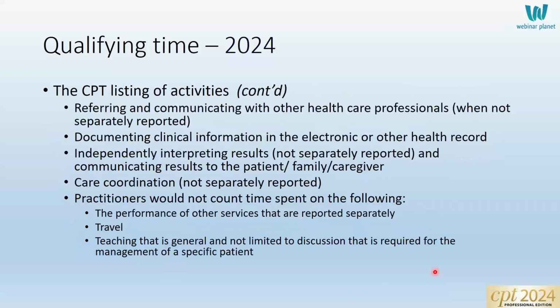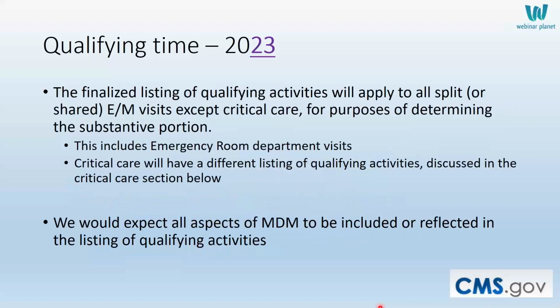All of those are part of the time that a provider can, when properly documented, count toward the total time of the visit. Referrals, documentation in the record for clinical information, independent interpretation of results. So all of these count in that time element for the visit. So it's just a matter of which is going to give you the highest level.